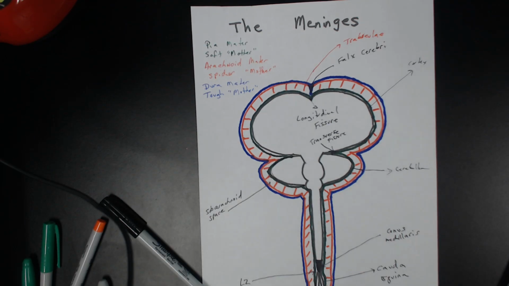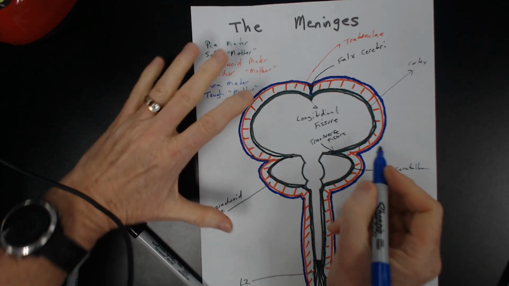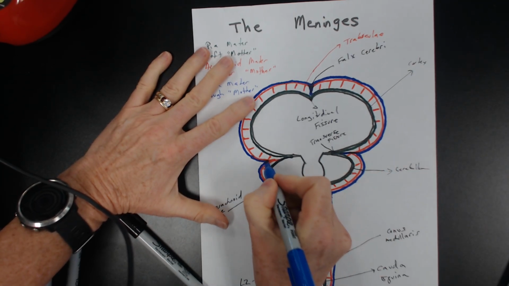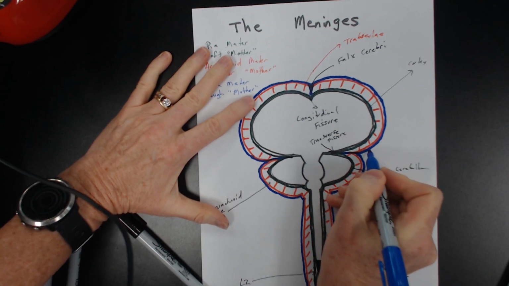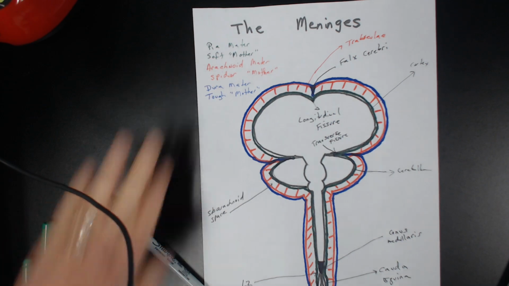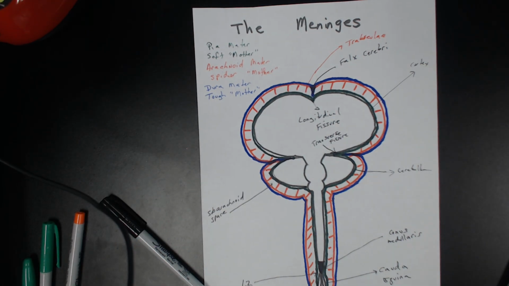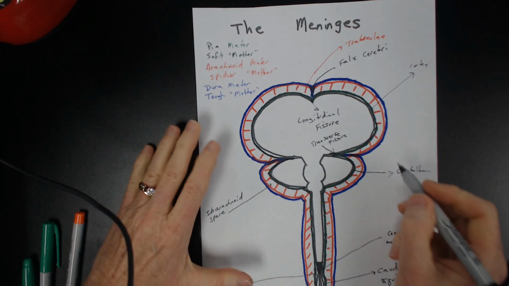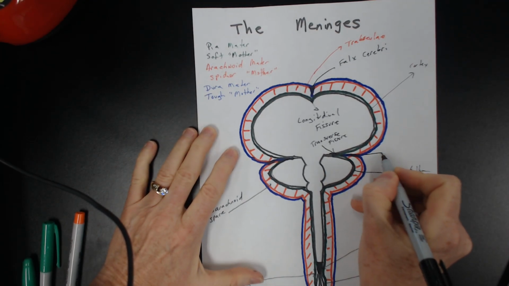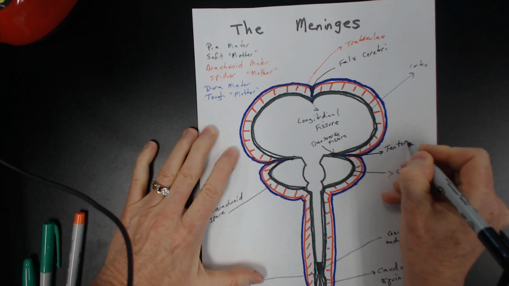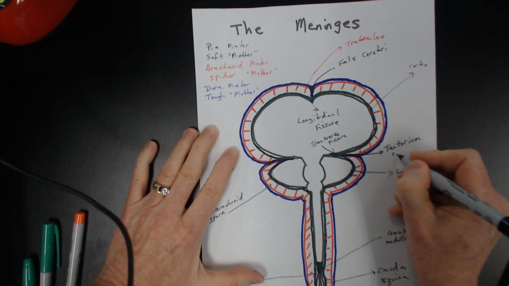It turns out that the dura mater also invaginates into this fissure. I make a little extension here. And this invagination also has a special name. That invagination of the dura mater into the transverse fissure is going to be your tentorium cerebelli.